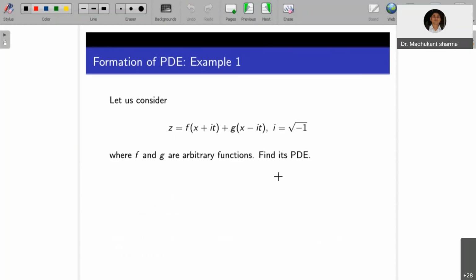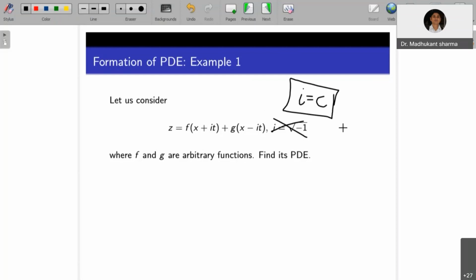Let's do this example. Instead of i, because we have not done complex variables, you just take i as a constant, i equals some c. So we have two arbitrary functions, which will correspond to a second order partial differential equation.